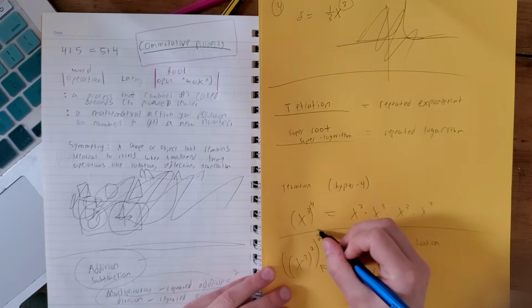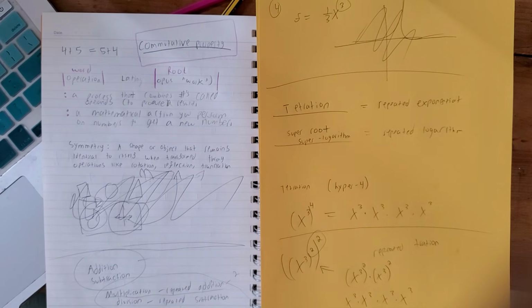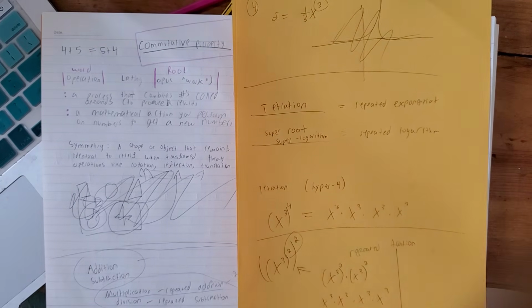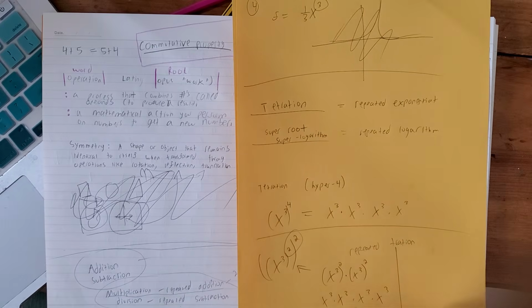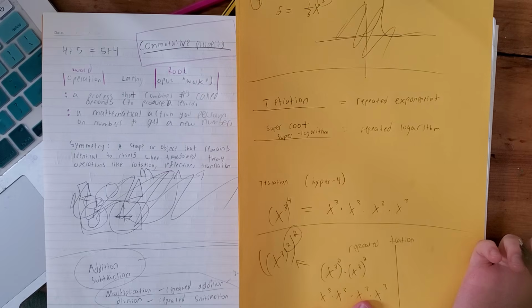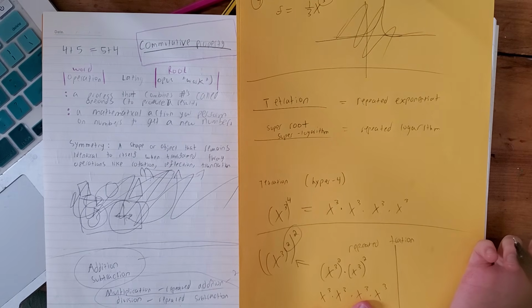Oh, that's why you're allowed to multiply these things together. Oh, because 2 times 2 is 4. Oh. Wow. Okay.